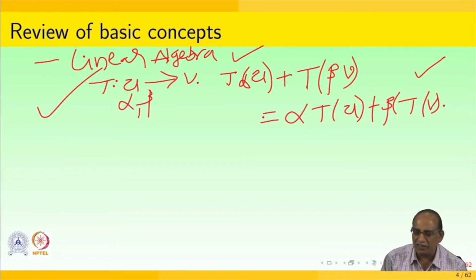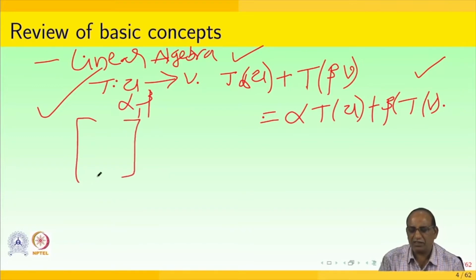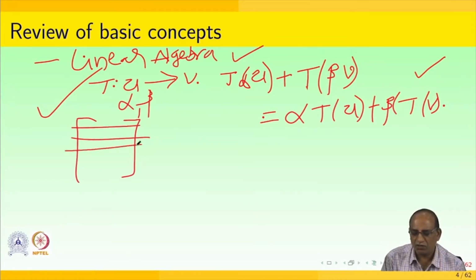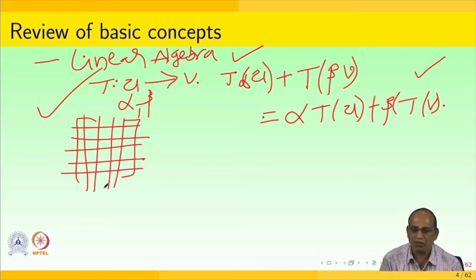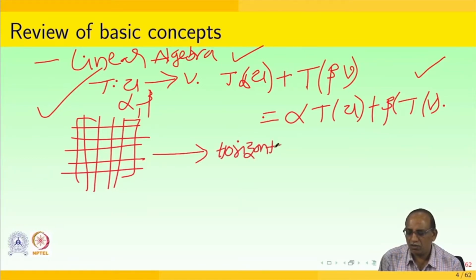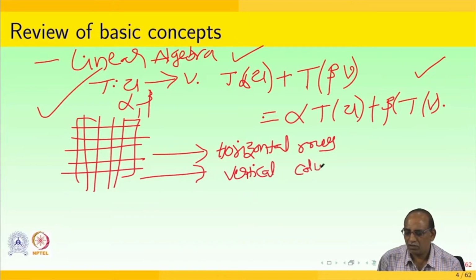Numerically, in this linear algebra, the elements of the matrices are arranged in horizontal rows and vertical columns. These horizontal rows and vertical columns will form a matrix.